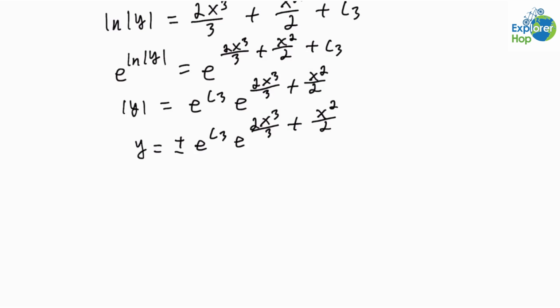So y is equal to c times e to the power of 2x cubed over 3 plus x squared over 2. And this gives us the general solution to the differential equation.